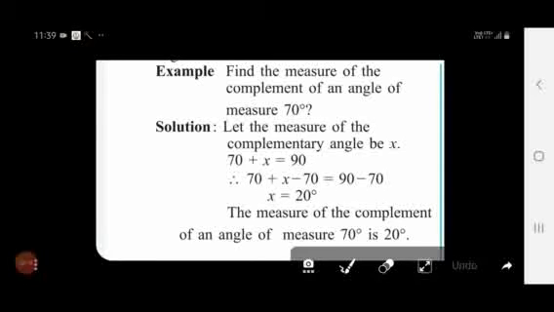For this, we assume the other complementary angle as x. So 70 plus x we take as 90 degrees, because the addition of these two angles is 90 degrees. By subtracting 70 from 90 we get the required angle, 20 degrees. In this way, if one angle is given to you, simply subtract that angle from 90 degrees, and we will get its complement.